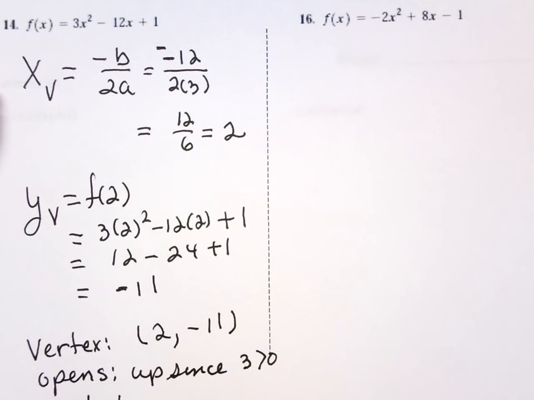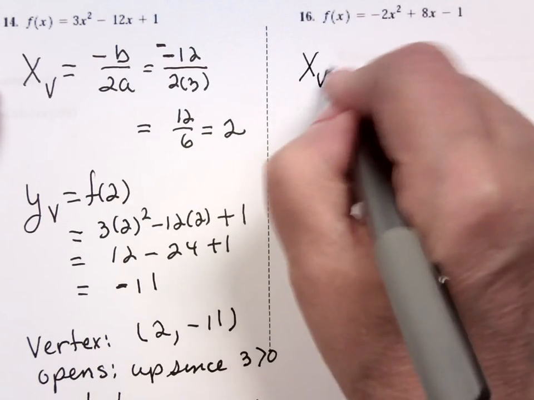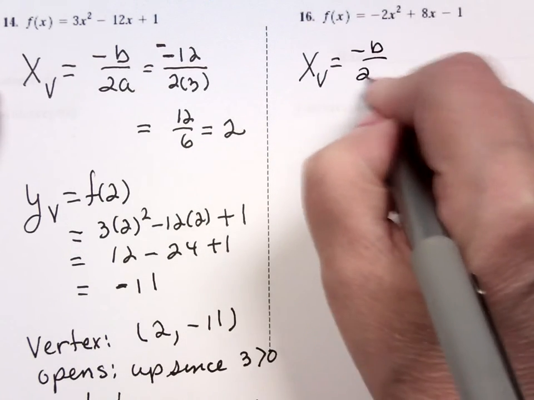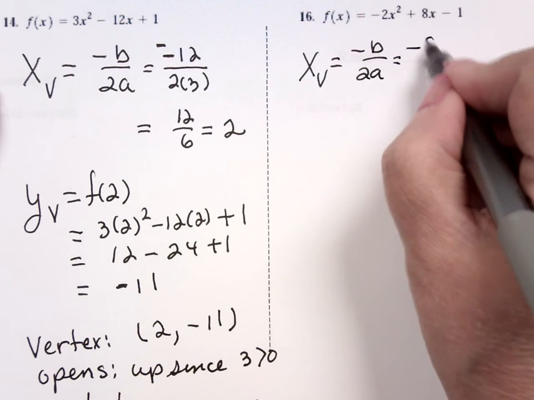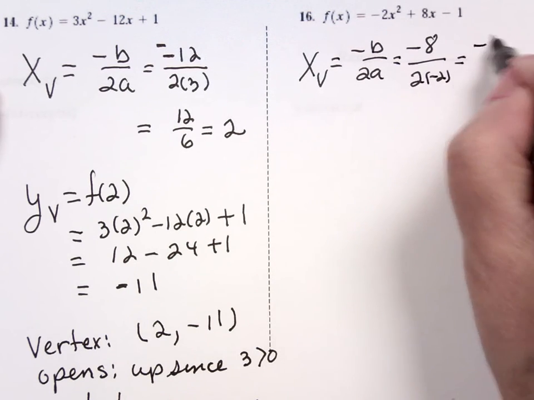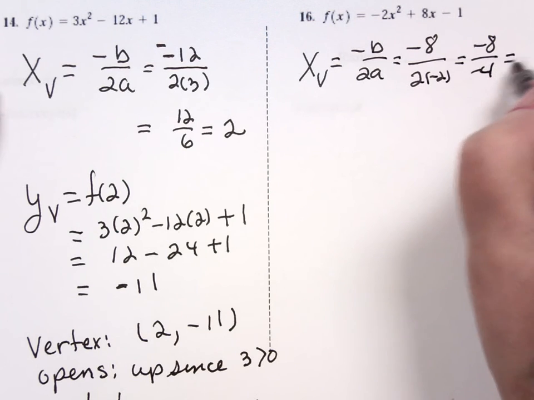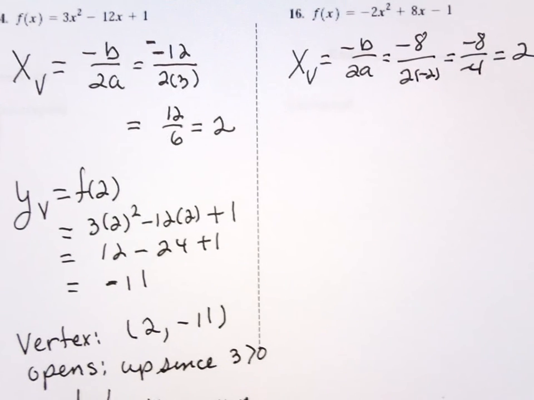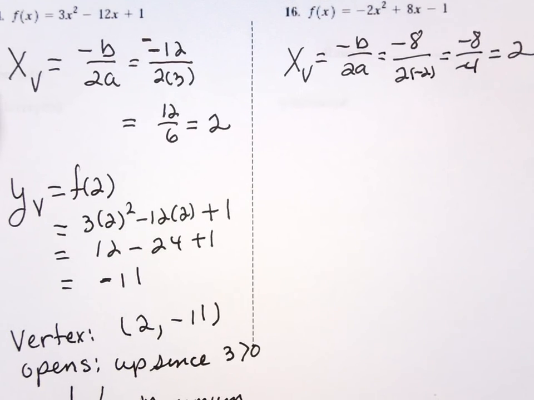So, the x-coordinate of the vertex, minus b over 2a, which is minus 8 over 2 times negative 2, which is minus 8 over minus 4, or 2. We'll take it. Seems to be a popular number.